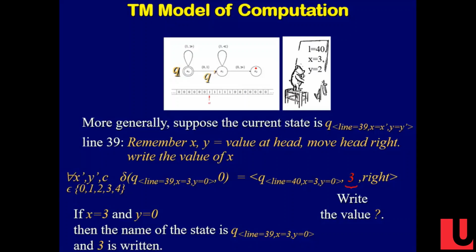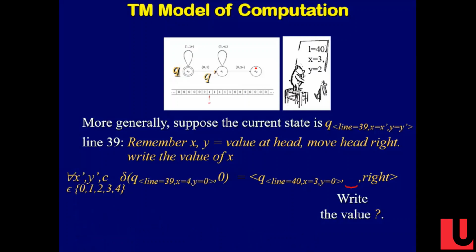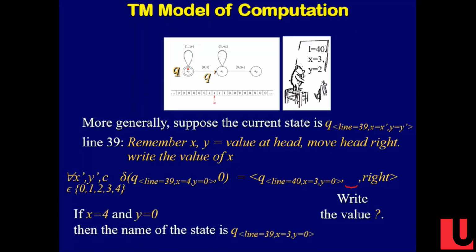So on. If I'm in a different state, then I write a 4. If I'm in a state who has this name, forget Turing machines, forget code, then I write the value 4. Yeah?